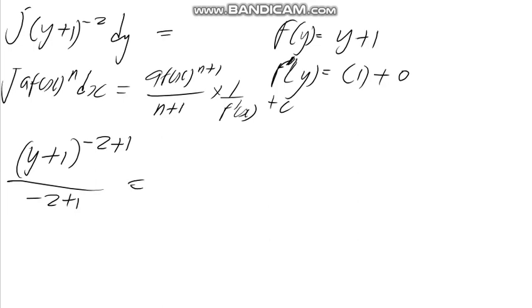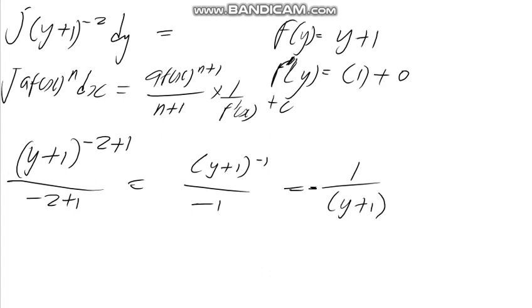This will be equal to (y plus 1) to the power minus 1 divided by minus 1. Then you can put it back in fraction form, so you'll have 1 over, just put the minus there, y plus 1.